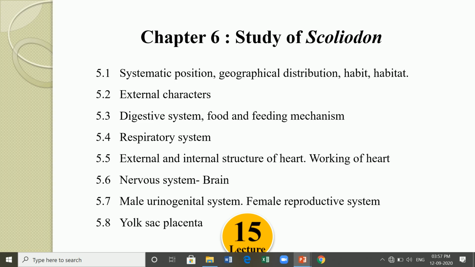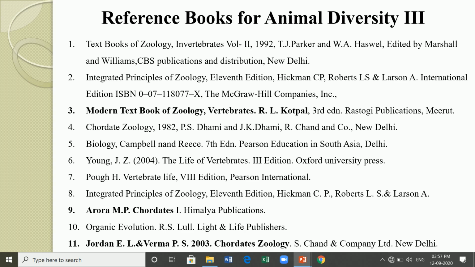Third belongs to the zoology, and from the next lecture, or the next video, we are exactly going to start with chapter number first. The reference books the university has recommended are the list of reference books you can use for studying the subject, that is Animal Diversity Third. Particularly three books are very important: Modern Textbook of Zoology: Vertebrates by Kotpal, which is the standard reference book available in soft copy or PDF on the internet.